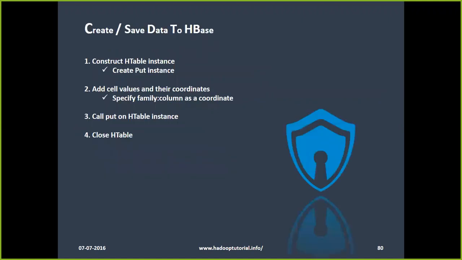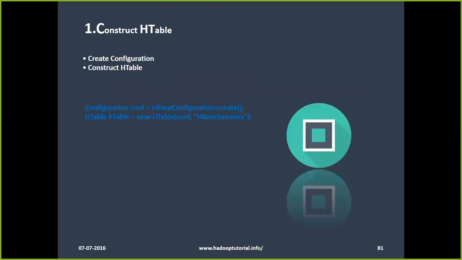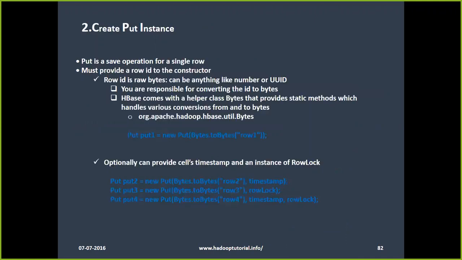And some of these things, put instance, get instance. Once you create an HTable object, if you want to insert a record, in the HBase shell we have the put command. Here we have a Put class. We make use of that put object, like Put put1 = new Put of the row ID.